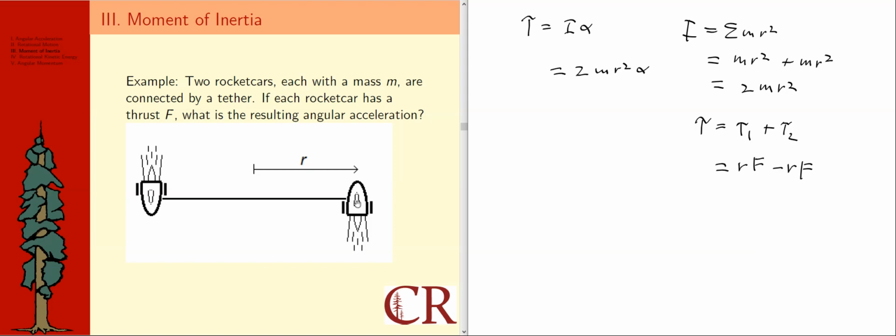The force of thrust on the right rocket car is an upward force, but it's accelerating the system rotationally in a counterclockwise direction. This is a downward force, but from a rotational perspective, it is also accelerating the system in a counterclockwise way. So it makes sense that both of those should actually be summative.